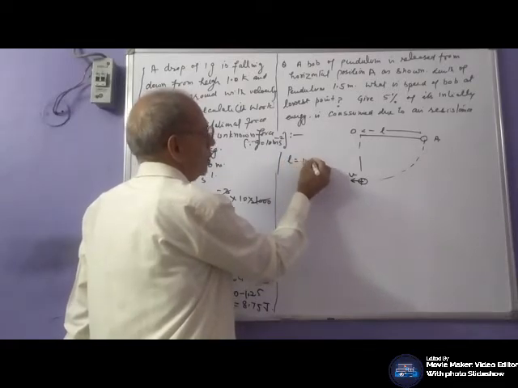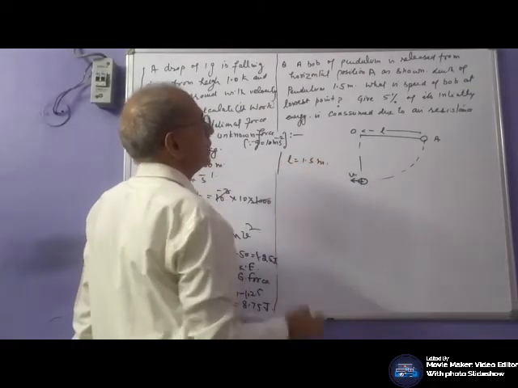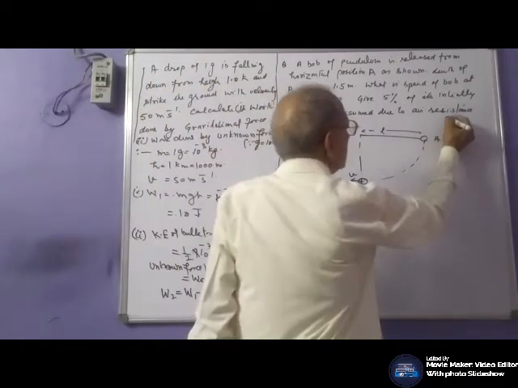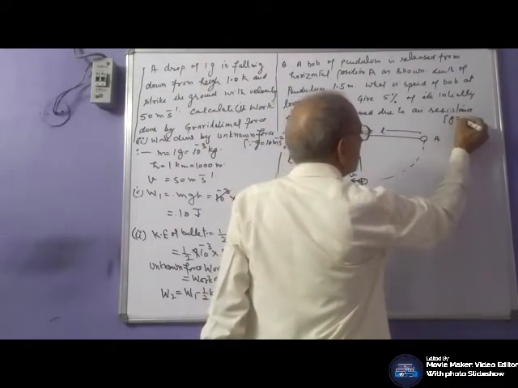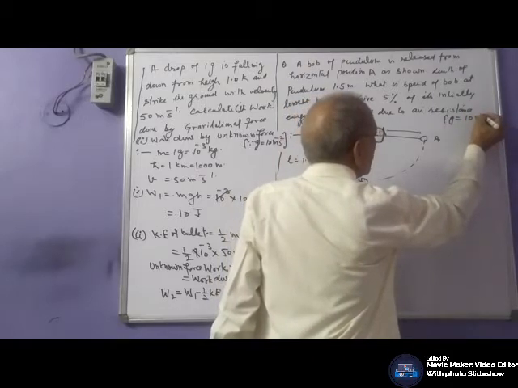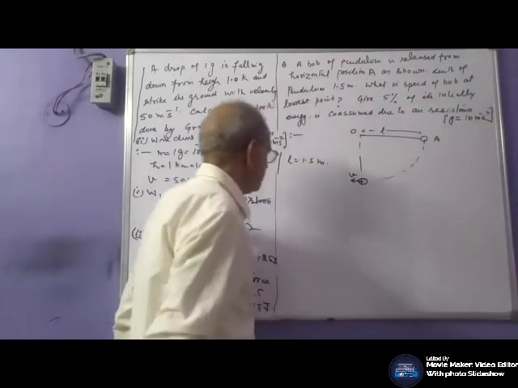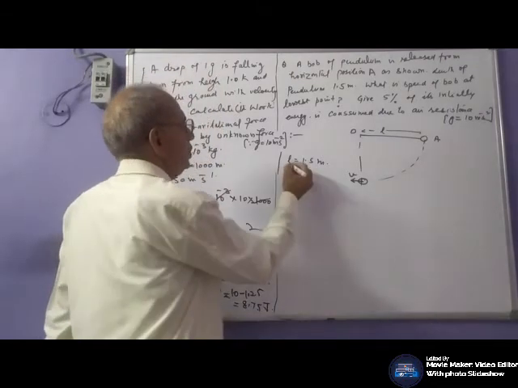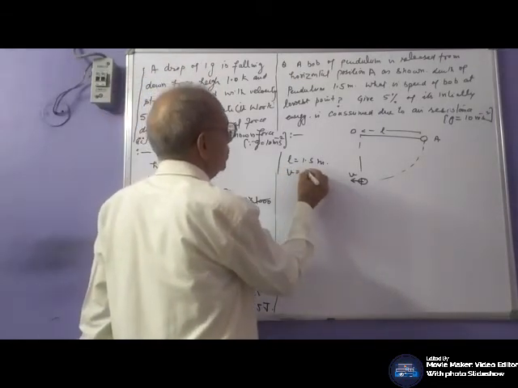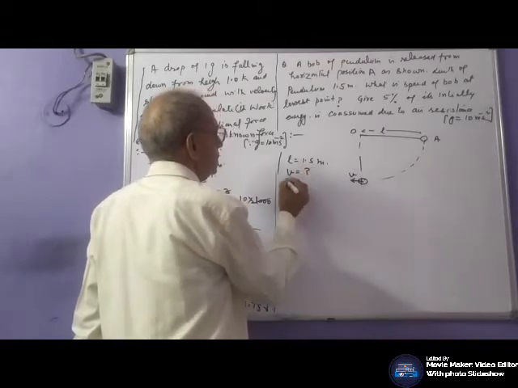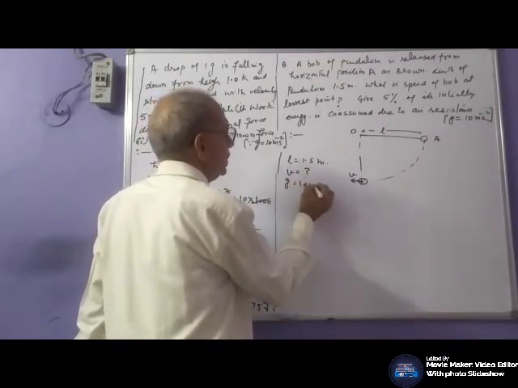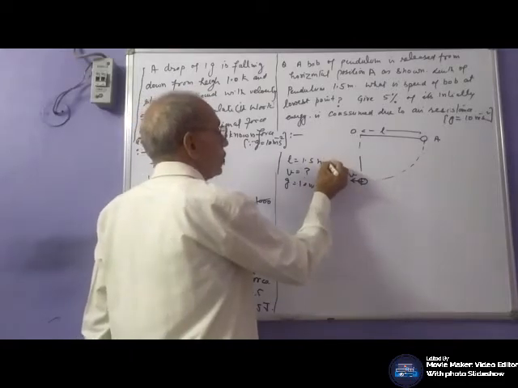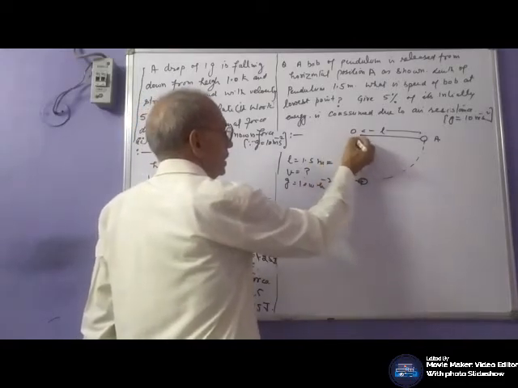Length 1.5 meter, g 10 meter per second square, and we have to find the speed. So this is that L.